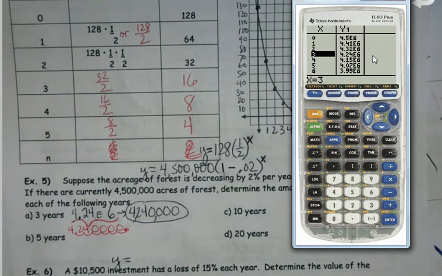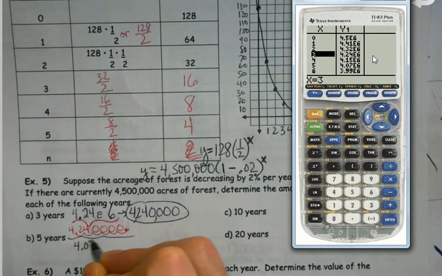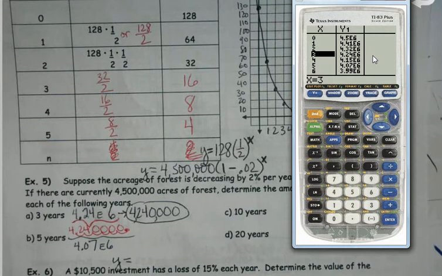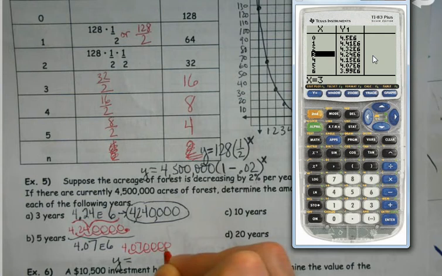Now, some of you may say, ooh, I don't like this E thing. Is there a way I can get away from the E thing and not have to deal with it? Now, I'll show you one more, but then I'll just say, I can always go back if I want to. Because again, all that means is I would take the 4.07 and I'd go right 1, 2, 3, 4, 5, 6.